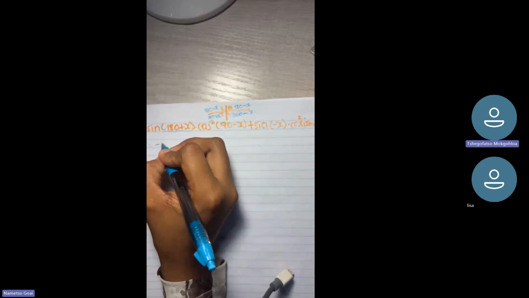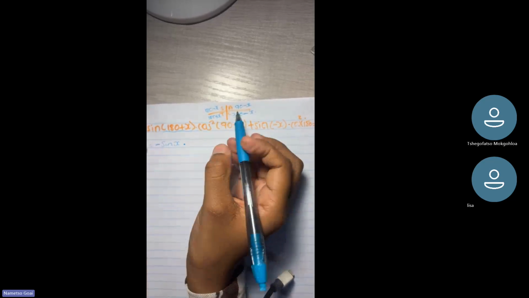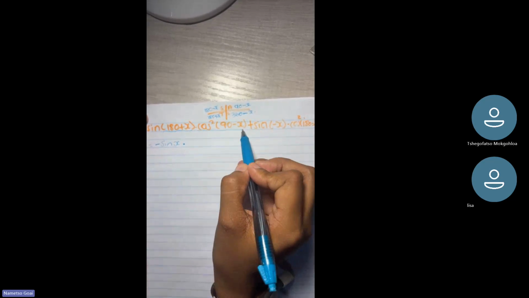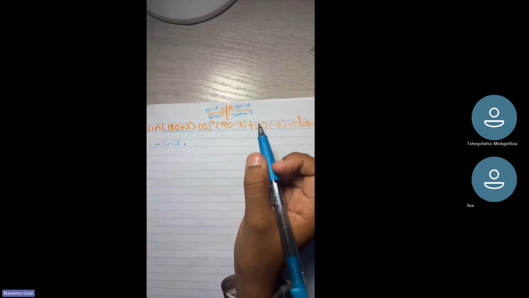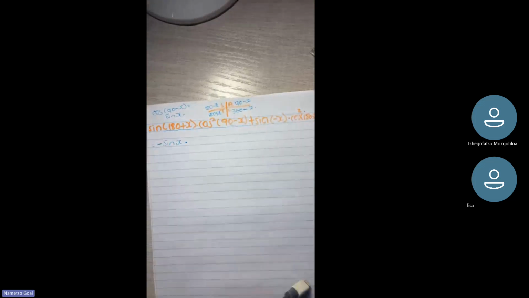At 90 plus x, sine will be negative, so hence we had negative sine x, right? Multiplied by, over here, we have a co-function, because remember, cos 90 minus x will just be equal to sine x, right?